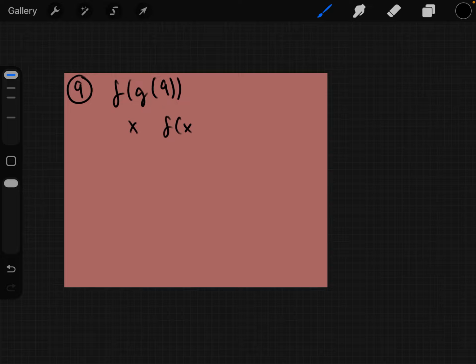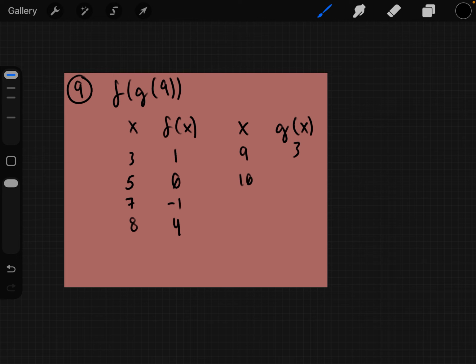This is another one with tables. Okay, so we look for the x on the g side, that is 9, turns into 3.